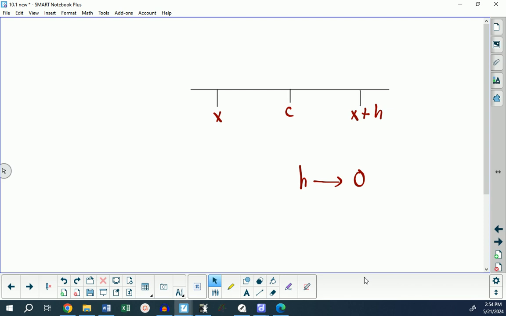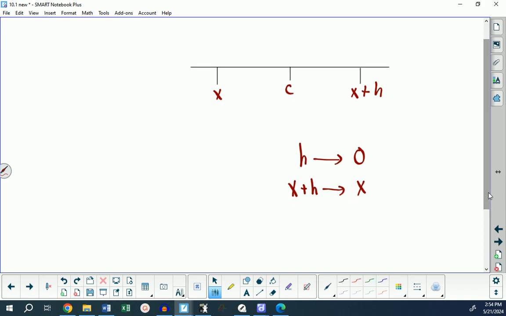If h approaches 0, then that has to be true. It has to. But if x plus h is approaching x and c is always sandwiched between the two, that means c has to approach x.